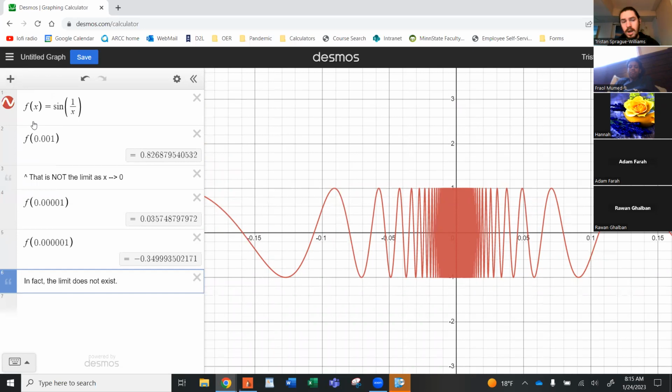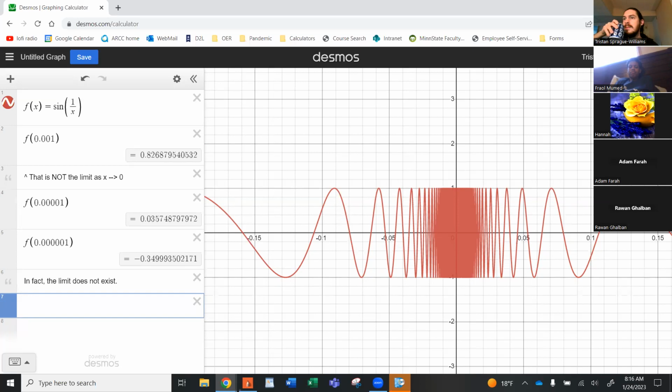But the point is, you wouldn't know that if you only looked at one value. This is why you need to look at several values to observe a trend. If you just look at one number and assume that's it, you could be in a situation where the limit actually doesn't exist and you totally failed to recognize that because you didn't examine it enough. Does that make sense?